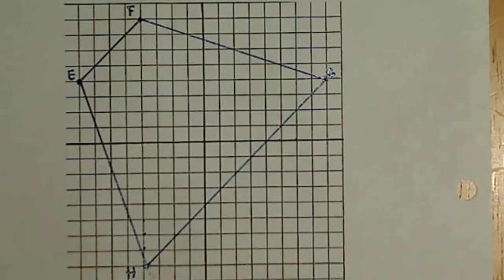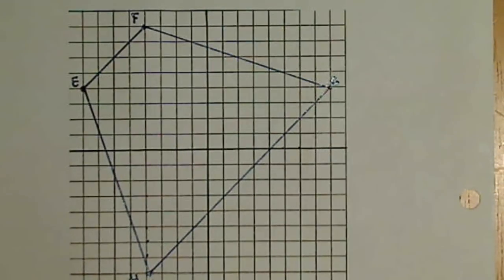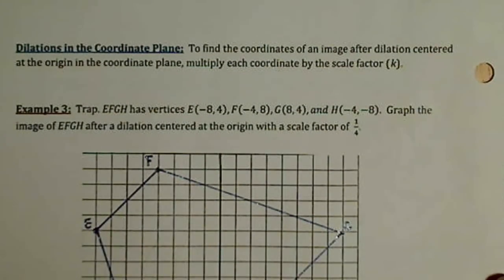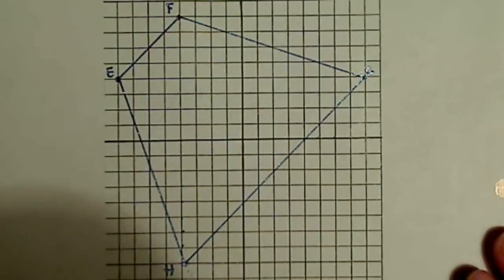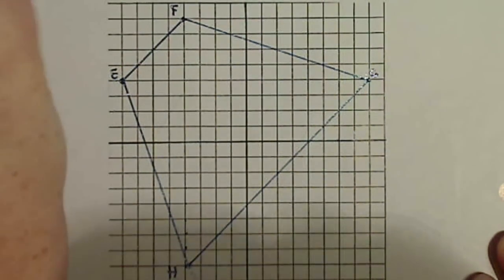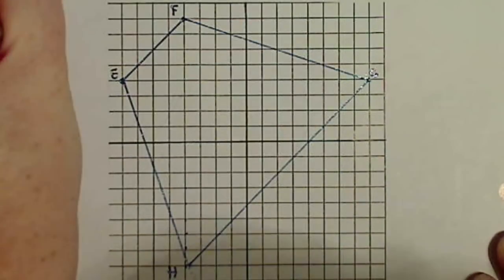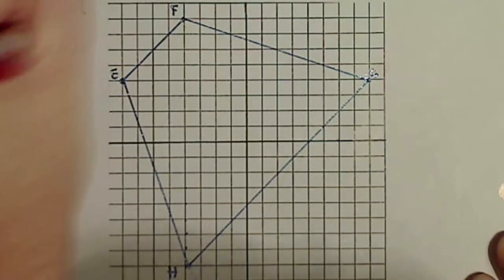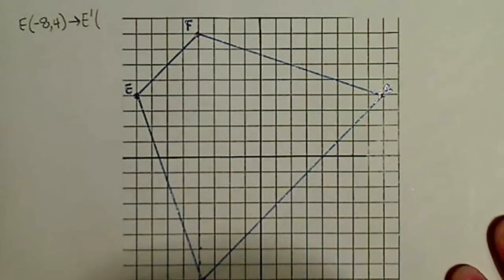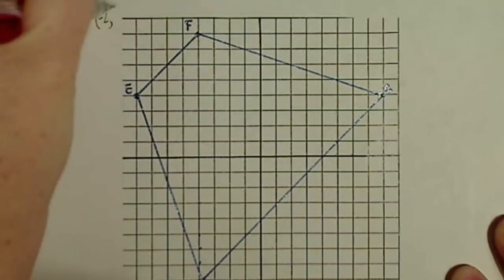And I want to dilate it about a scale factor of 1/4. So my little hint up here, dilations in the coordinate plane, says how I do this is I multiply each coordinate by 1/4. So if E is (-8, 4), and I multiply everything by 1/4 or divide it by 4, -8 divided by 4 is -2, and 4 divided by 4 is 1.